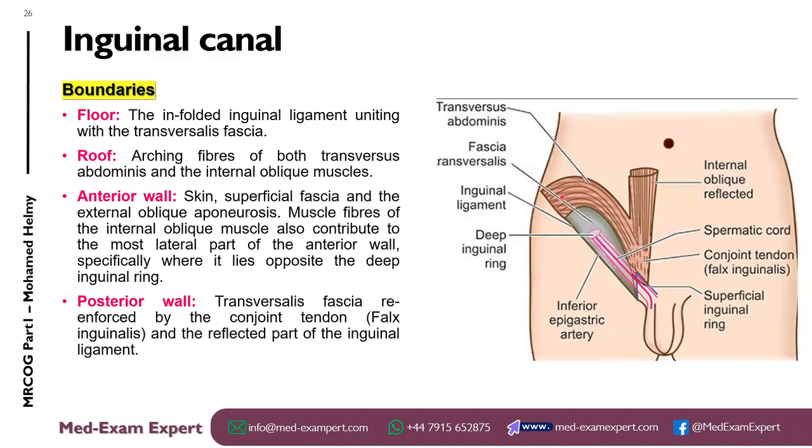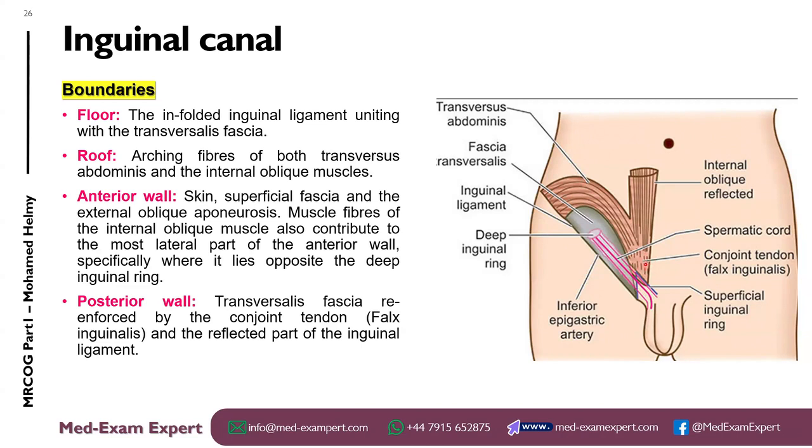The roof, as we can see, is formed by these arching fibers of the transversus abdominis muscle and the internal oblique muscle. Both of them insert here medially, and the meeting of the fibers of the internal oblique and the transversus abdominis makes a tendon here.